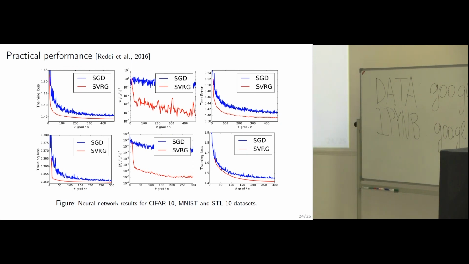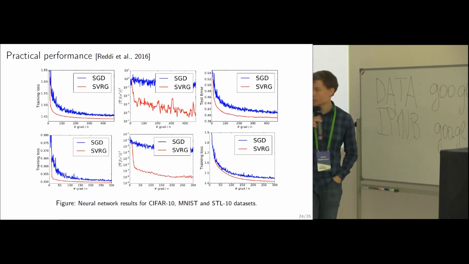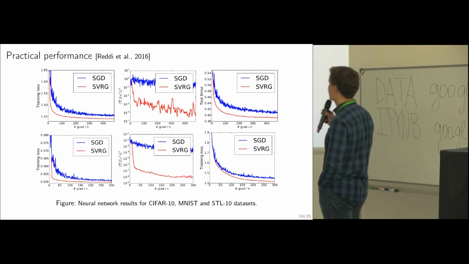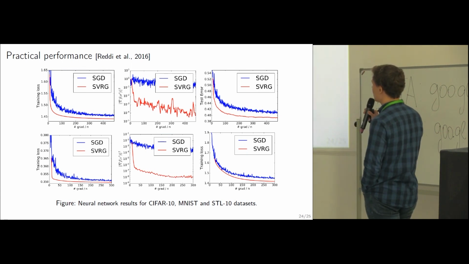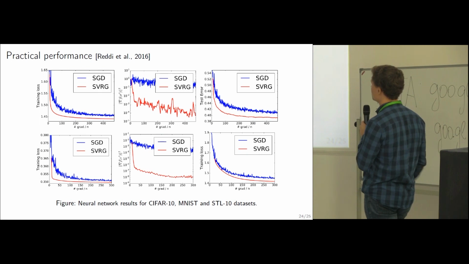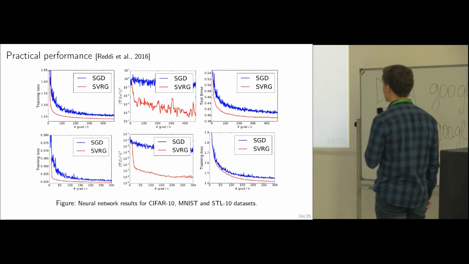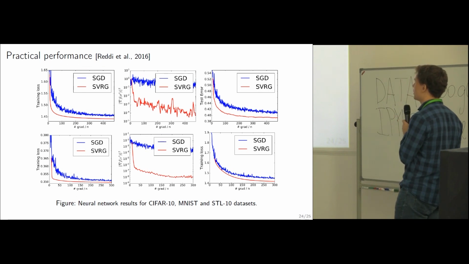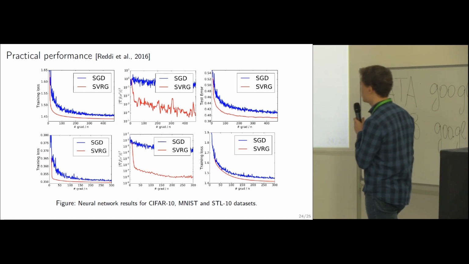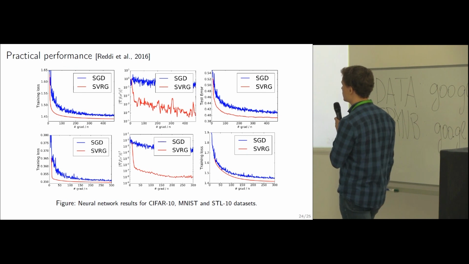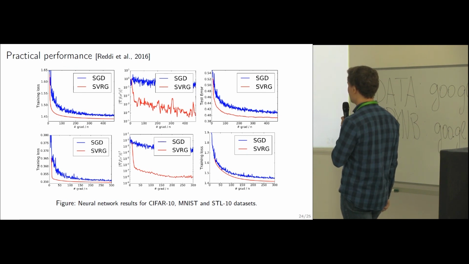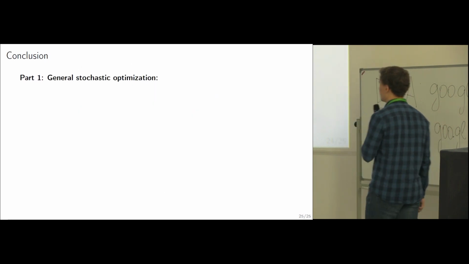Actually, these are some practical results from applying the method from the previous slide, the SVRG method for non-convex optimization. And in many situations, as you can see from these plots, the SVRG method really works faster than the SGD method, even for non-convex problems such as optimizing neural networks.